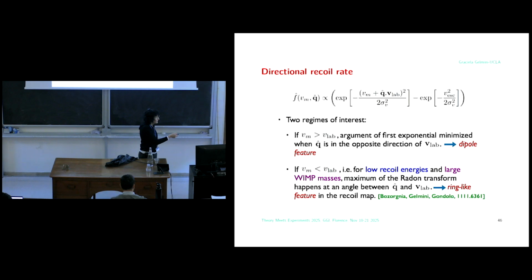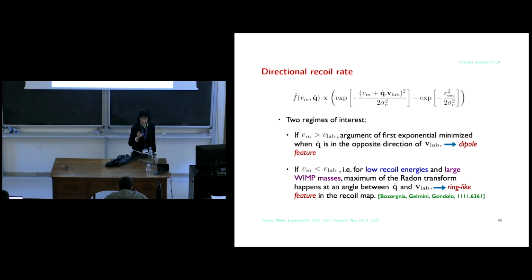Then at low recoil energies and large WIMP masses, the maximum of the Radon transform happens not directly where you would expect it to be, but in a ring around that direction. And the ring depends on the mass of the particle.